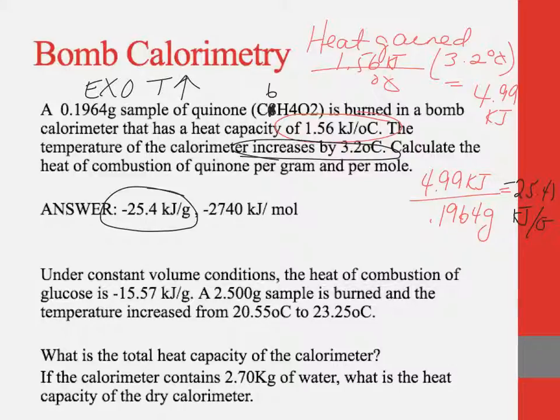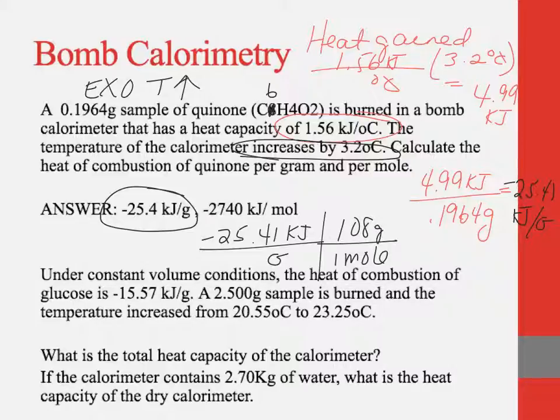And we have negative 25.41 kilojoules per gram, and we know that 1 mole of quinone has a mass of 108 grams. Our grams are going to cancel, and this is going to give us negative 2744.28 kilojoules per mole.